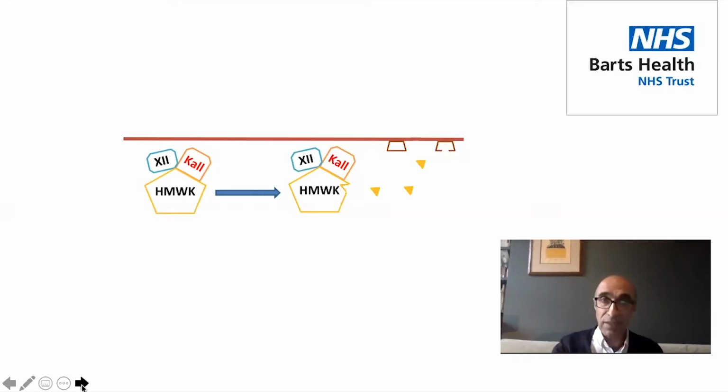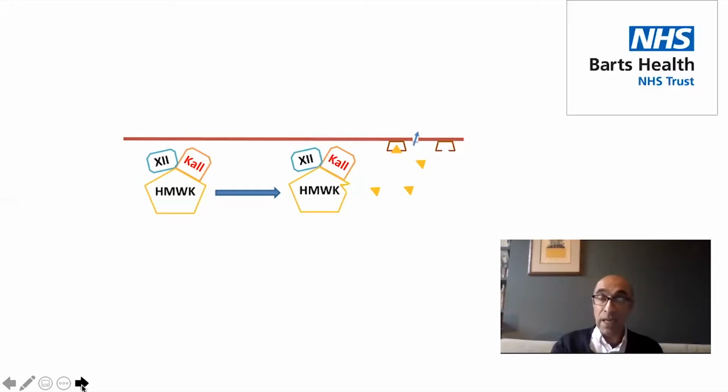Once bradykinin binds these receptors, it's like a key which opens or switches something on. And once bradykinin switches on one of these receptors, they open up a space in between the endothelial cells, the cells which form the walls of blood vessels. And this allows fluid to leave the blood vessels and cause angioedema.